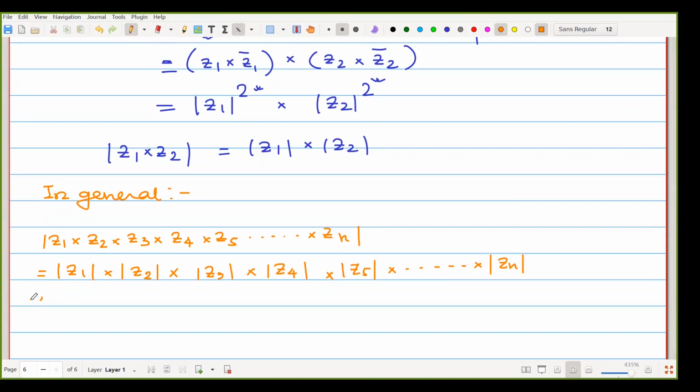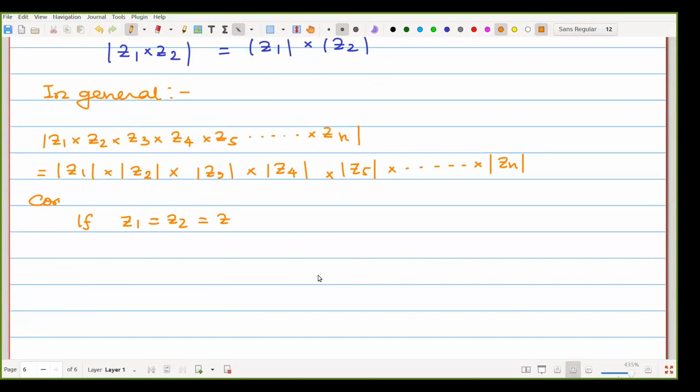Another last thing, that we can say as a corollary: if we have z1 is equal to z2 is equal to z, then we can write from here that modulus of z square is equal to modulus of z into modulus of z, or that is also the square of the modulus of z.